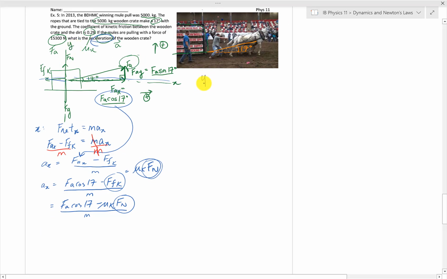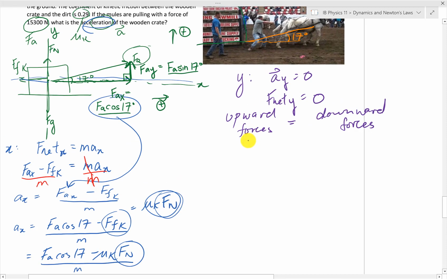So on this side, let's talk about the vertical forces along the y-axis, in which the acceleration is 0, which means Fnet in the y direction is also 0. If that's the case, then the opposing forces must balance. So the upward forces will equal the downward forces. Now, the upward forces, yes, there is Fn, but notice there is also the upwards component from our Fa, which is Fay. This is equal to our downward forces, which is only Fg.